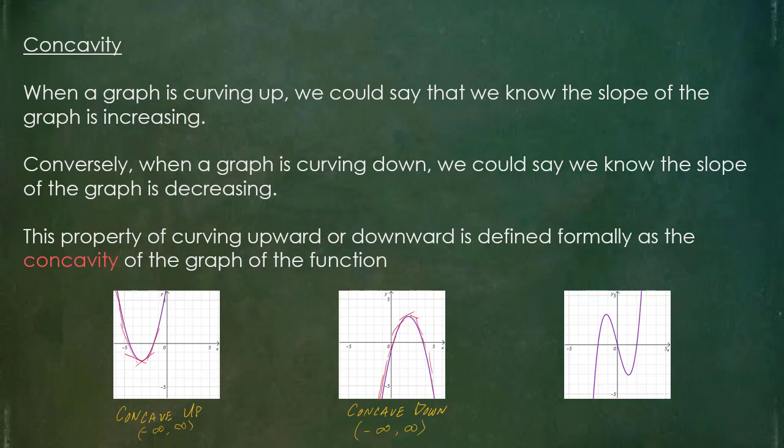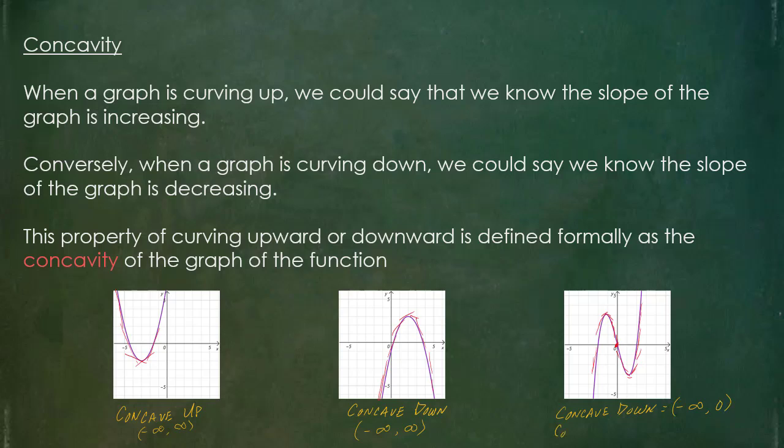Now the third example, you can see that the origin really is where it stops decreasing. If we think in terms of slopes, they are constantly decreasing and becoming negative, but once I get to that point at the origin, those slopes start coming back and start increasing. So this one would have two different intervals of concavity. It would be concave down to start, which graphically appears to be from negative infinity until I get to 0.